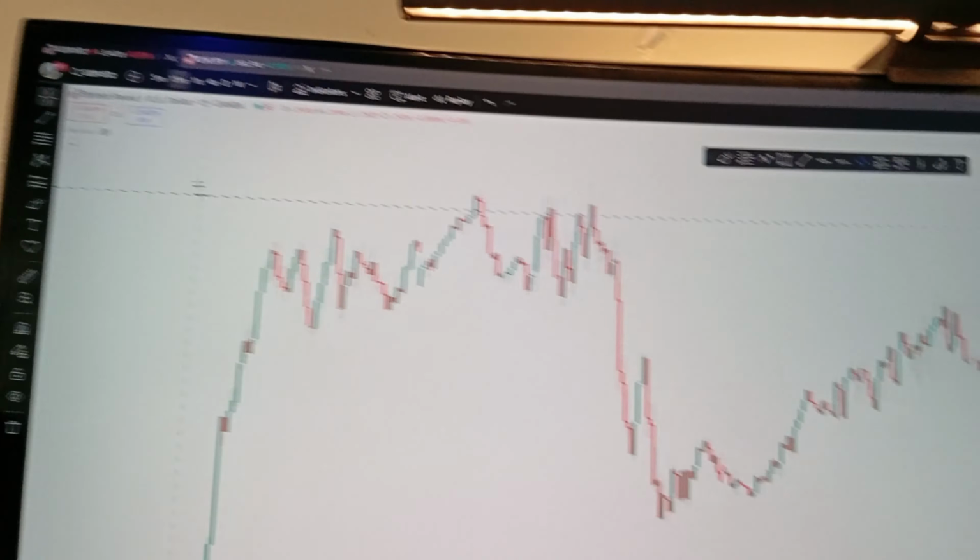But understanding market structure, I can see that the market is starting to change to a downtrend. This is an uptrend right now, as I just marked out in the box, and that being said, this right here also is a downtrend.